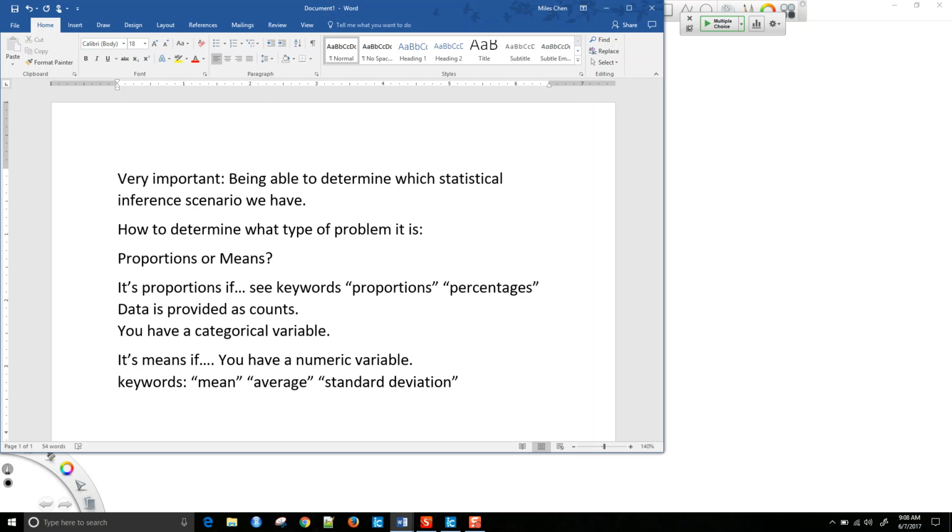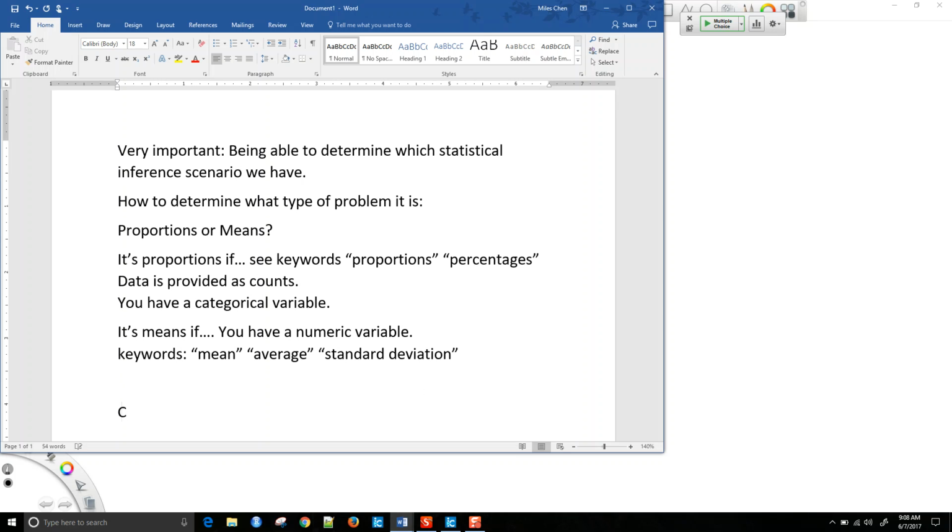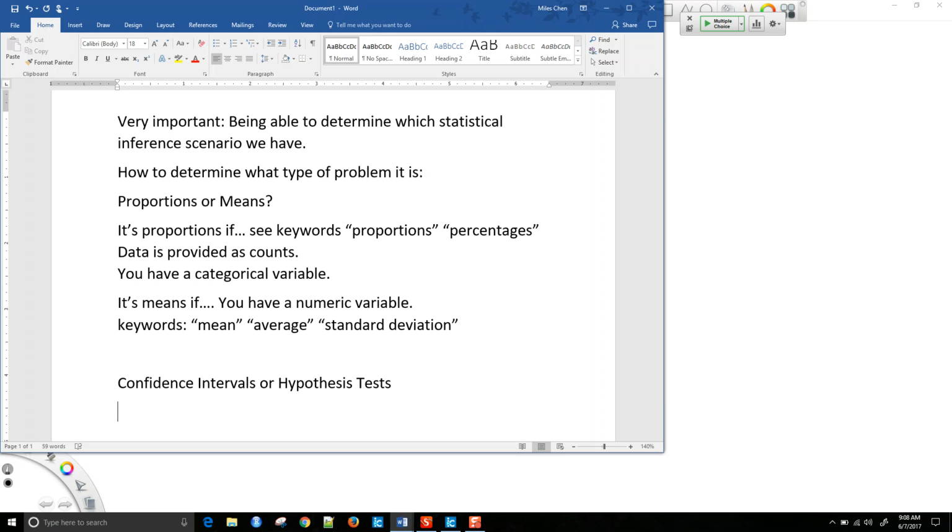Then you need to decide, am I dealing with confidence intervals or hypothesis tests? I think this part is a lot easier to distinguish, but for confidence intervals, you're going to see things like confidence level, okay? So that's listed. Anything about margin of error or anything about an interval will indicate that you're dealing with a confidence interval situation.